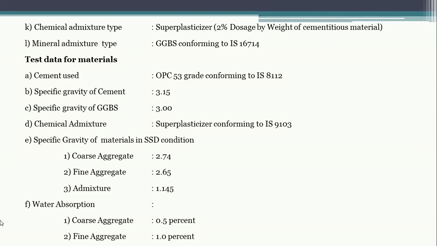Then specific gravity of materials is given: coarse aggregate 2.74, fine aggregate 2.65, admixture 1.145. These are the specific gravities of the materials in SSD condition, that is saturated surface dry condition. Next, water absorption is given: 0.5% for coarse aggregate and 1% for fine aggregate.